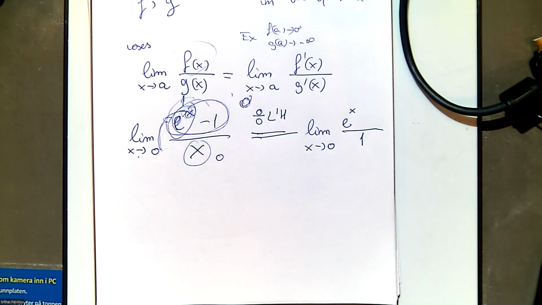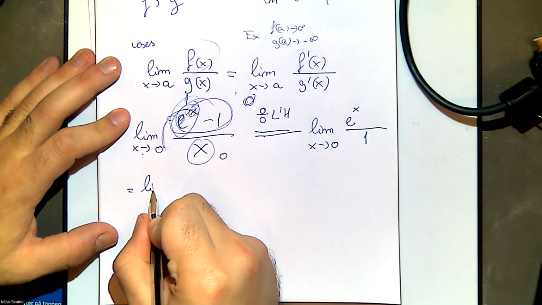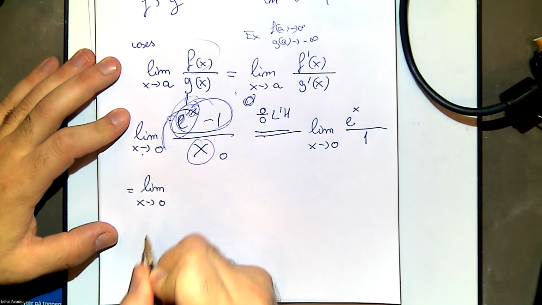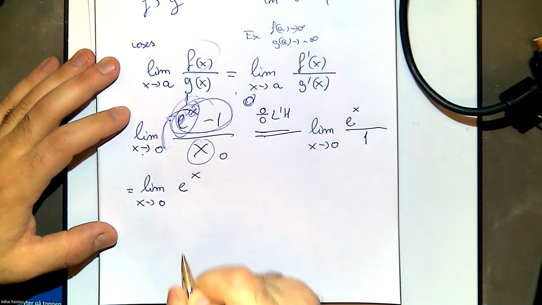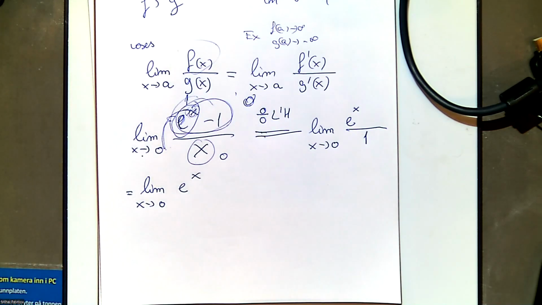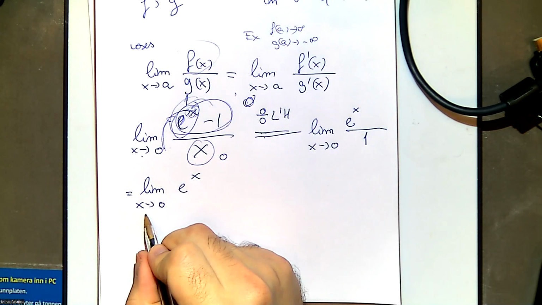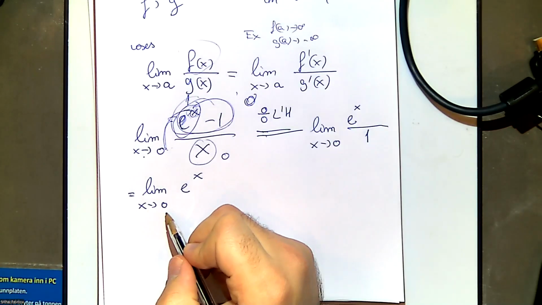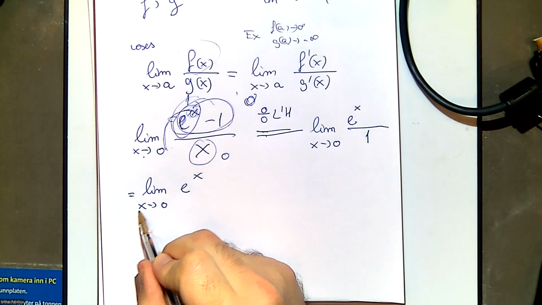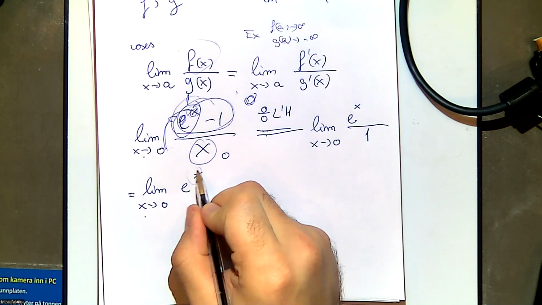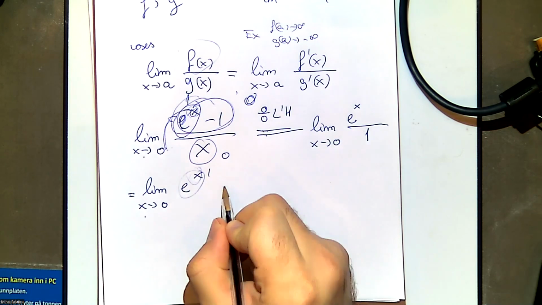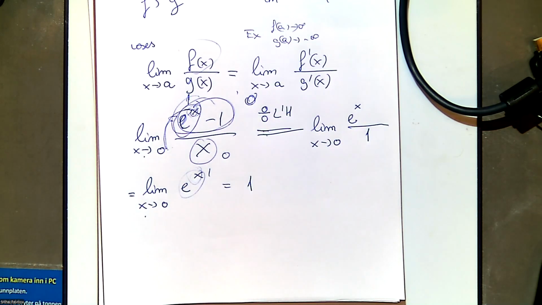Okay? Now what is this? Limit x goes to 0, e to the x. Again, evaluate. Okay, I could have given a more complicated example, I guess. But x goes to 0, 0 here, e to the 0, 1. My limit is 1. Okay?